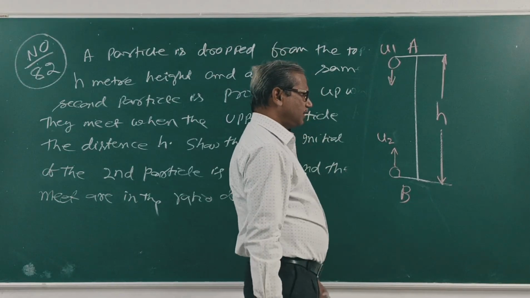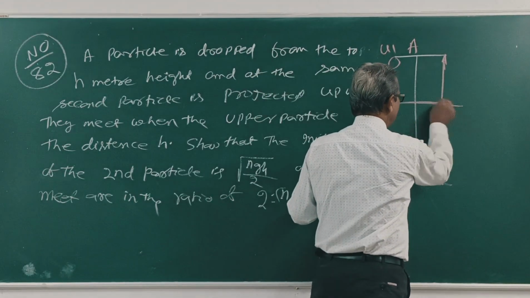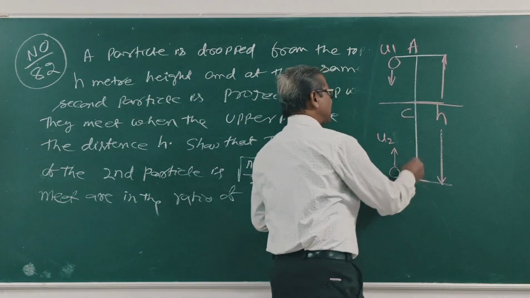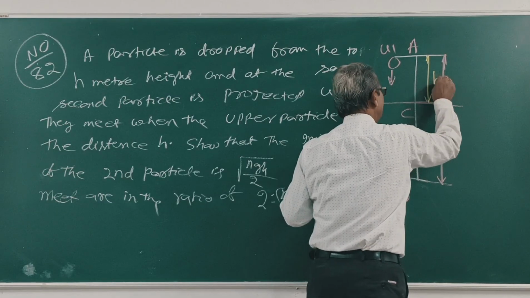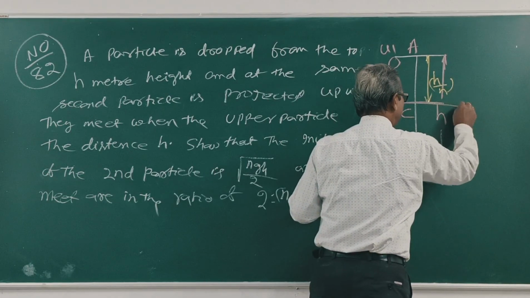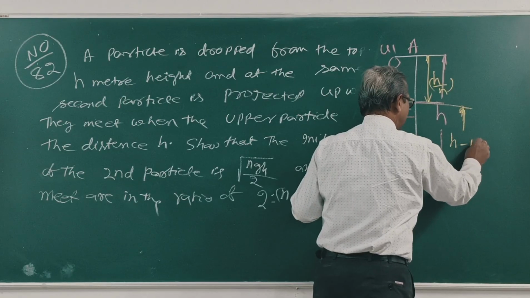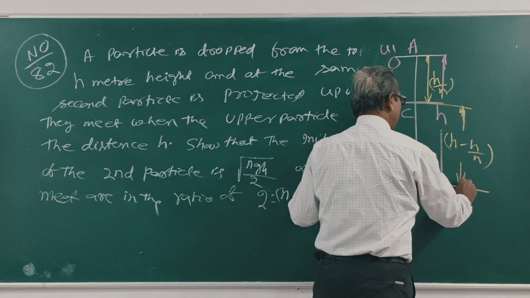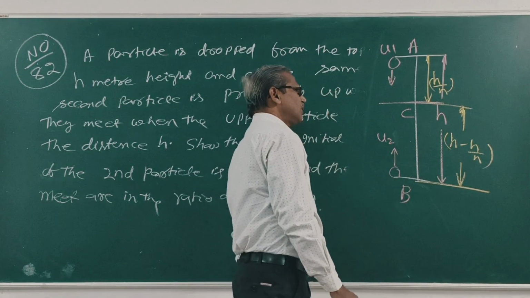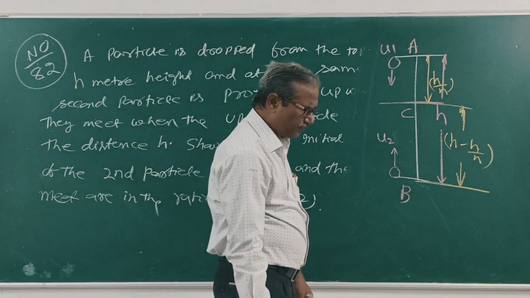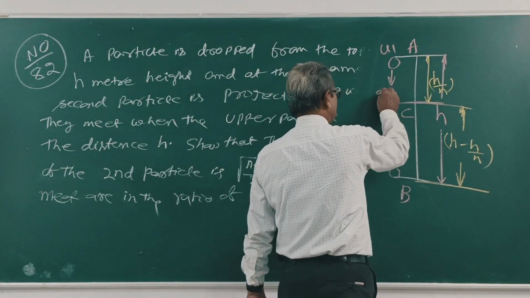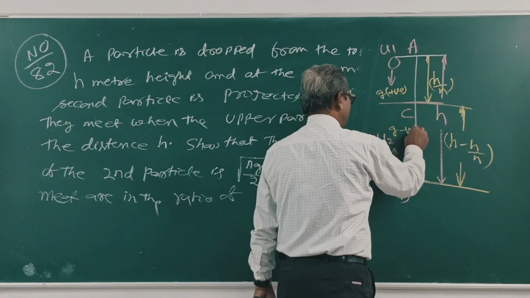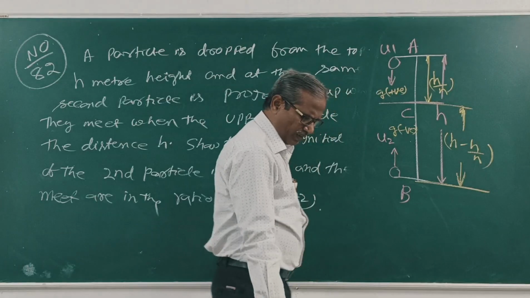They meet together at point C, where the point C is h by n from the top, so on this side h minus h by n. Now, when the body falls downwards, g is positive. When the body rises upwards, g is negative. Clear?